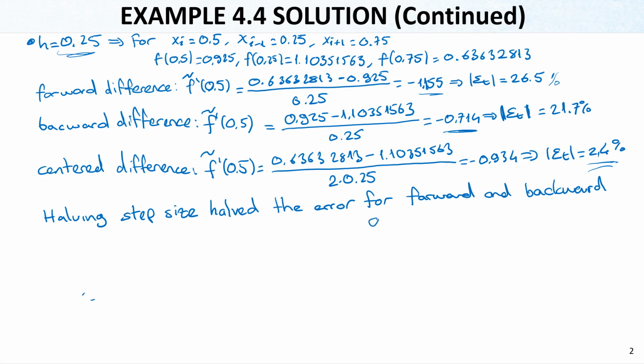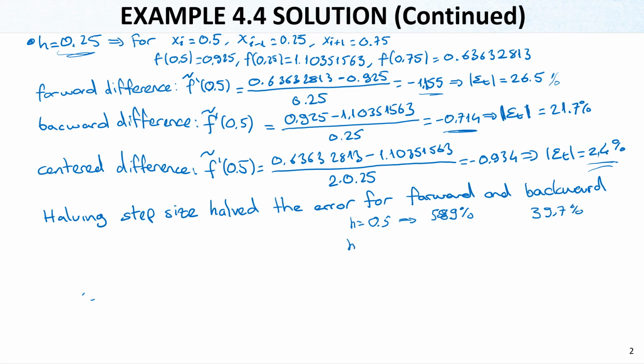For h of 0.5, if you remember, the forward error was 58.9%. For the backward, it was 39.7%. We already calculated this in the previous slide.